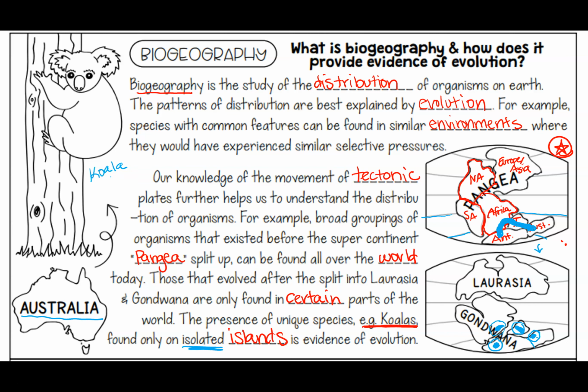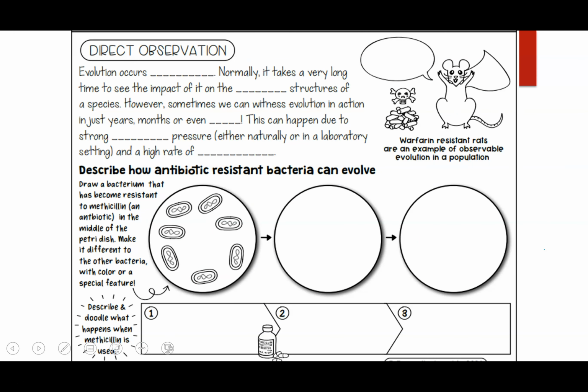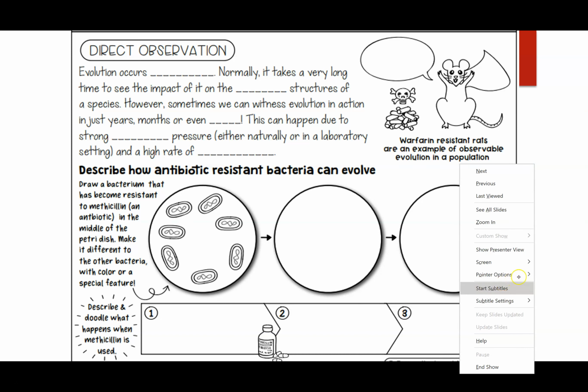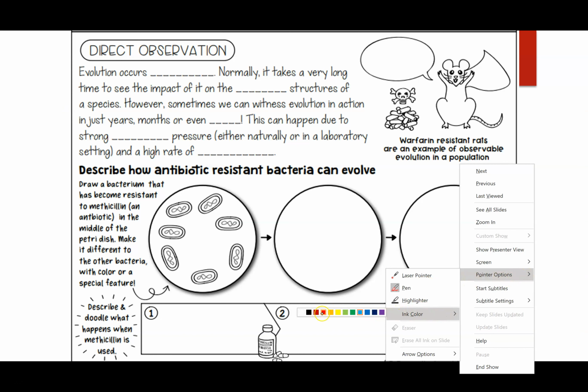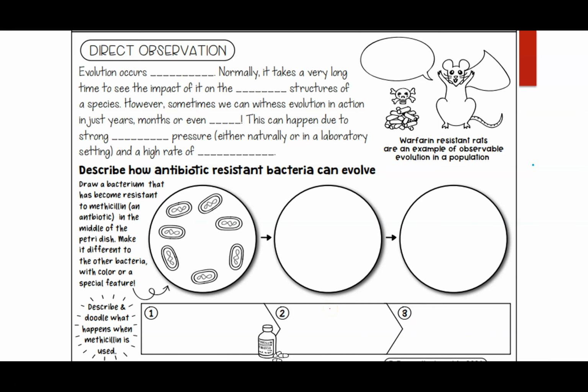Okay, so the last part is down here at the very bottom. Okay, so let's see if I can go back to red. Okay, so let's fill in some blanks. All right, direct observation.